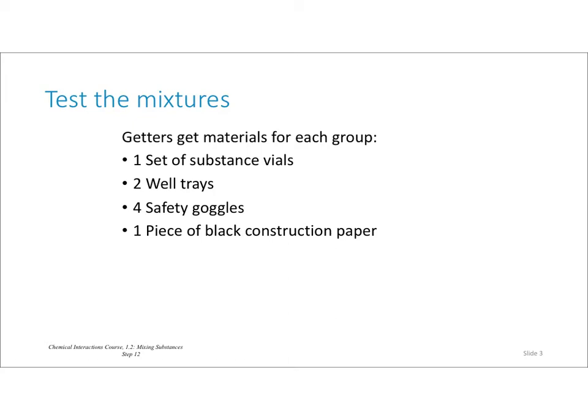For this experiment, you will need this set of materials. You and your table mate will need a set of vials. Those are the white substances. They shall have all the labels on them. You will need 2 well trays, one for each of you.